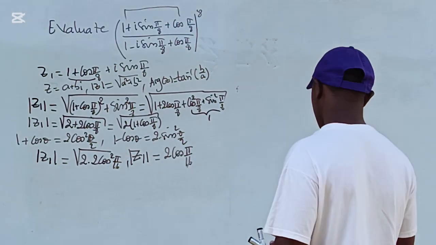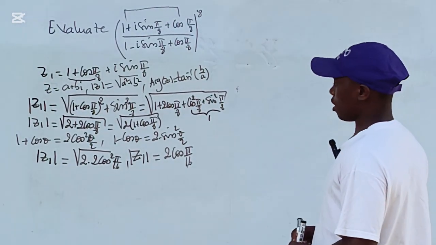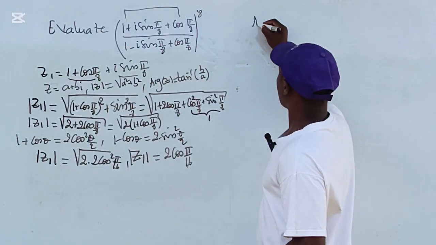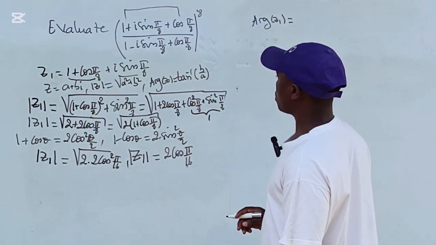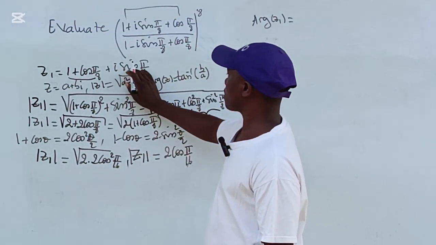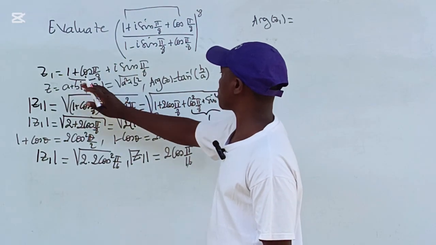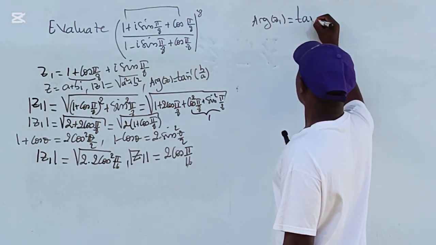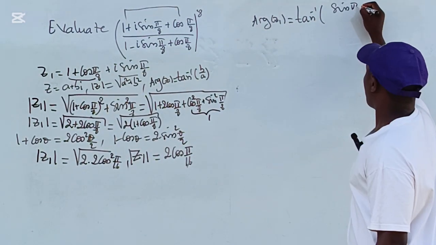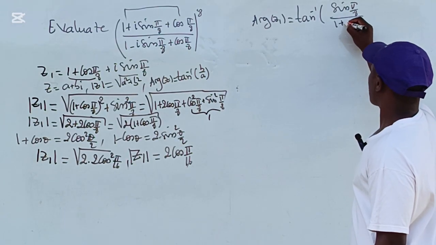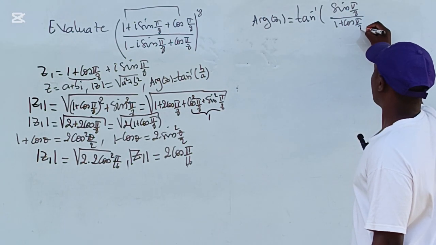Here is the modulus of z1, and the argument of z1 is equal to, we take this and divide it by this, the inverse tangent of sine pi over 8 over 1 plus cosine pi over 8.